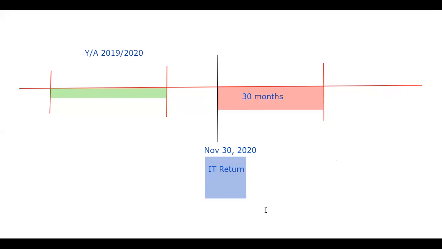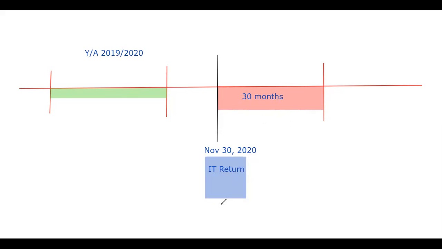From the date of filing the return to the date of 30 months, during this period only, department officers can issue an assessment. After that, the time bar starts. They can't issue an assessment.